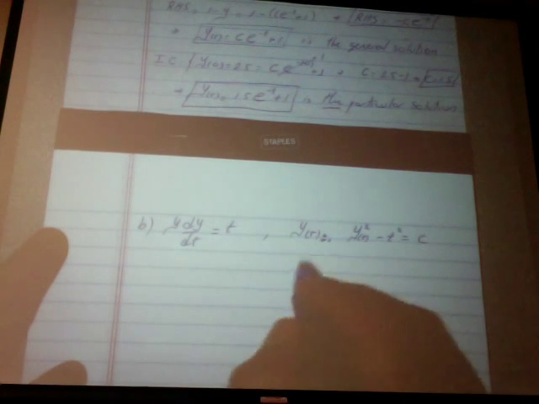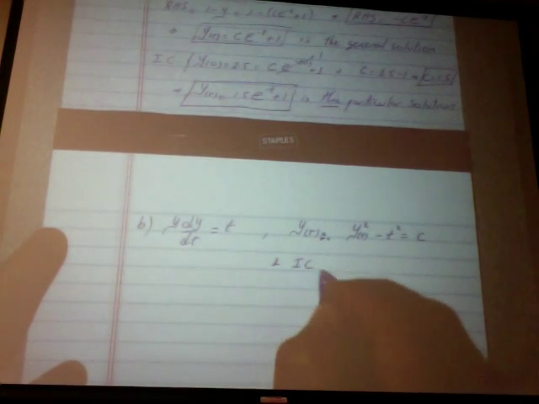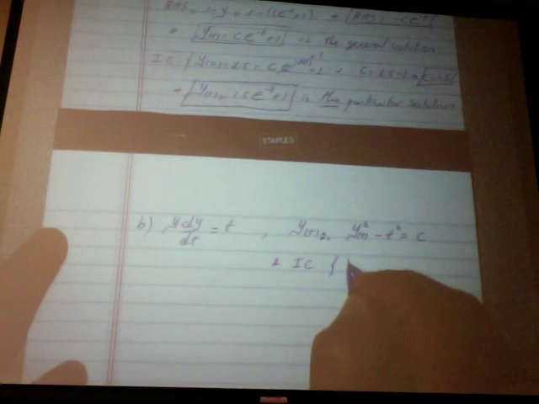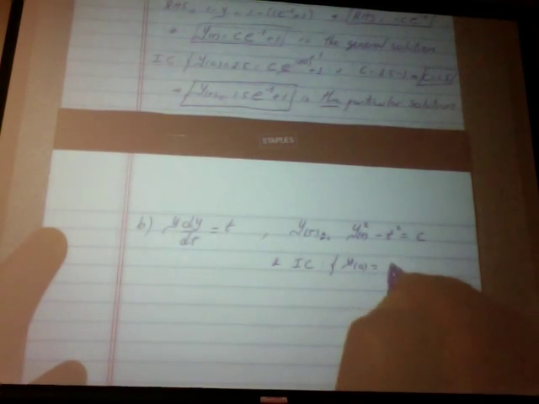Okay, it's given in implicit form. And with an initial condition of y of 0 is equal to 1.